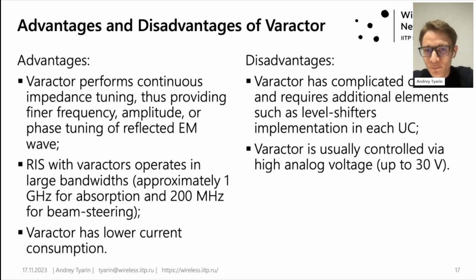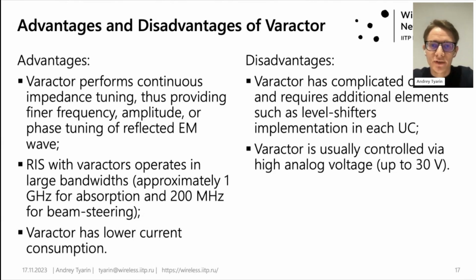implemented in each UC. The varactor is usually controlled via high analog voltage, up to 30 volts. The varactor lacks most of the pin diode's disadvantages, such as a limited number of phase shift states and low efficiency in large bandwidths. Moreover, most of the varactor's disadvantages can be overcome.